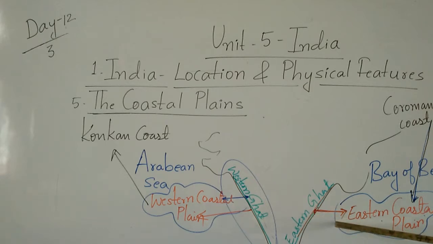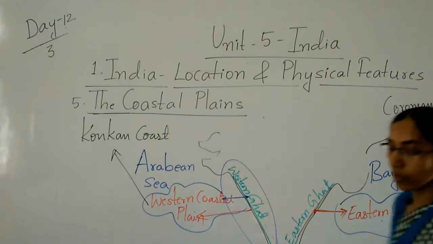You can see here the Bay of Bengal and here the Eastern Ghat. And this Eastern Coastal Plain is also called the Coromandel Coast.